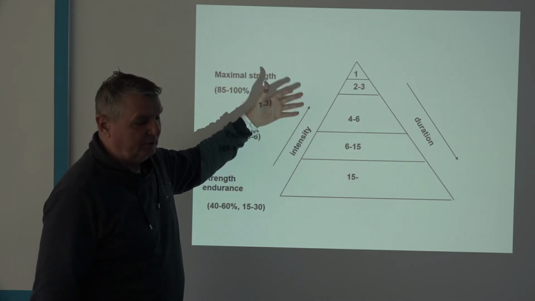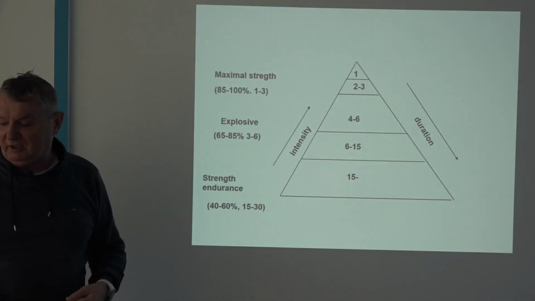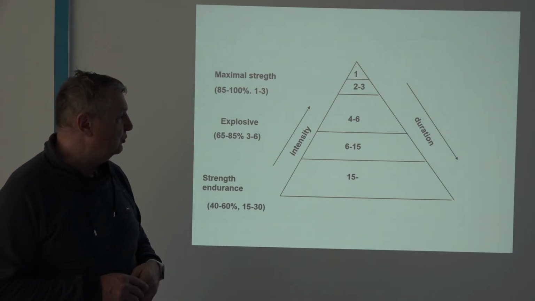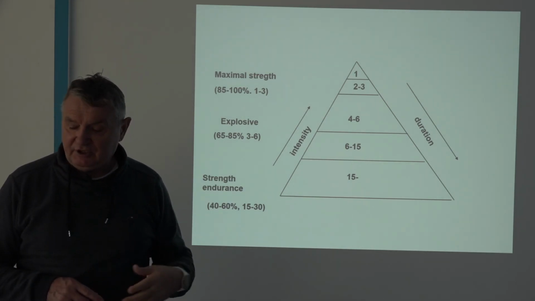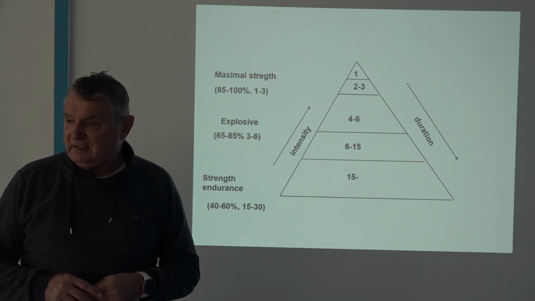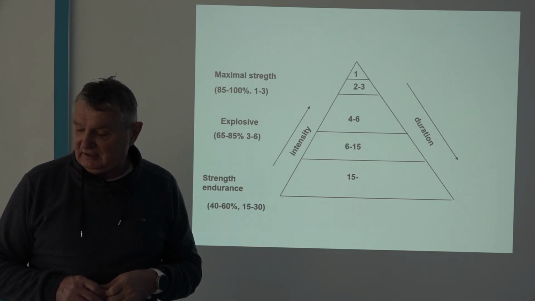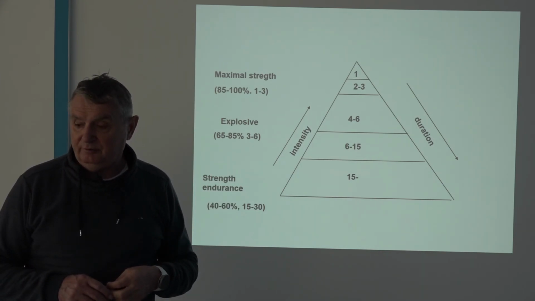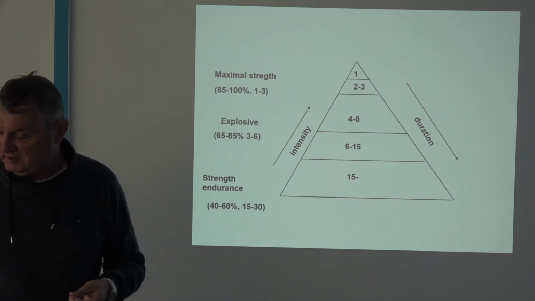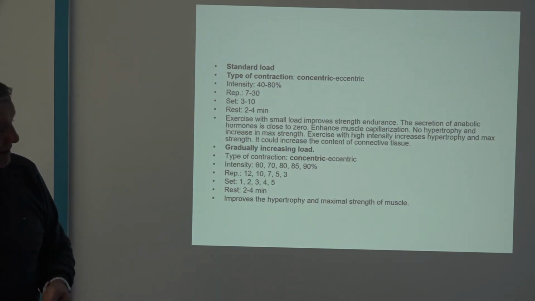So depending on what kind of training you would like to do, you have to choose different intensity. Naturally, the hormonal system will respond to the intensity. Naturally, the adaptive response is dependent on the intensity.